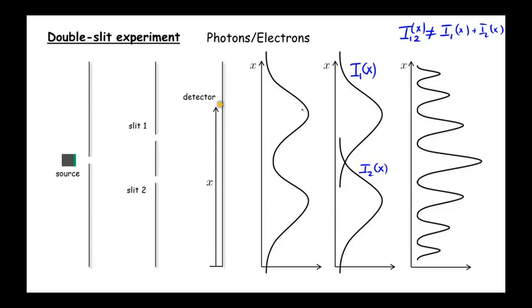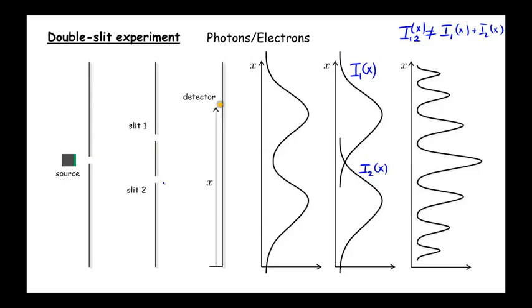And you could say, well, let's reason about this a little more carefully. Clearly the electron was fired from this source, it went through this hole, it got deflected, and then it either went through slit 1 or through slit 2.